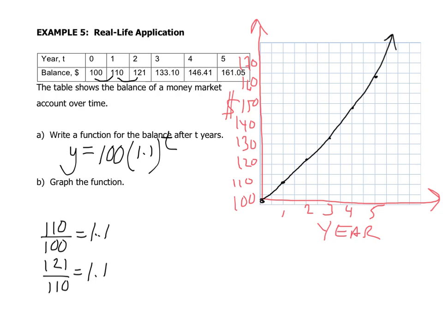The 1 is representing 100% of what you have, and the decimal next to it, in this last case, the 0.1, is telling us that we are taking that 100% and we are going to go up 10 more percent each time thereafter. So the exponential growth function is this one right here.